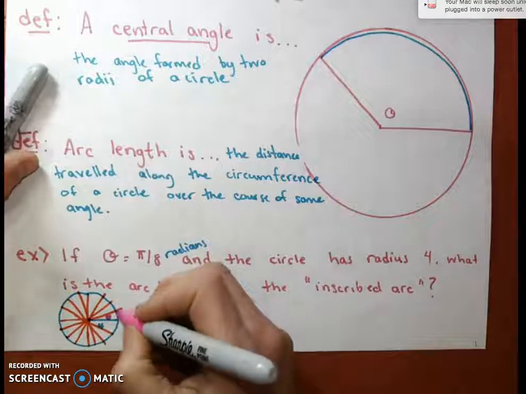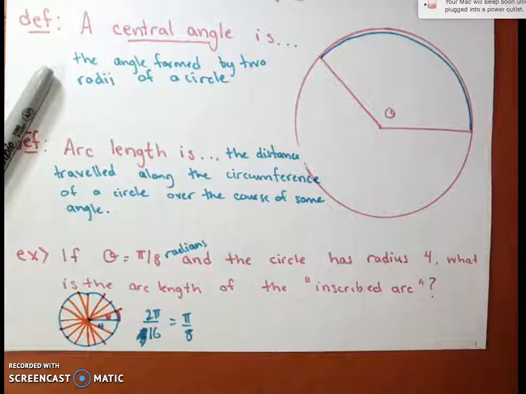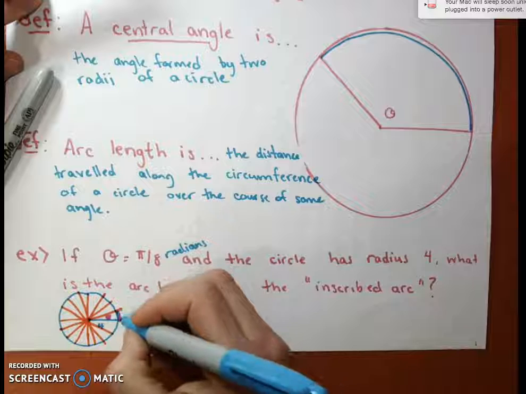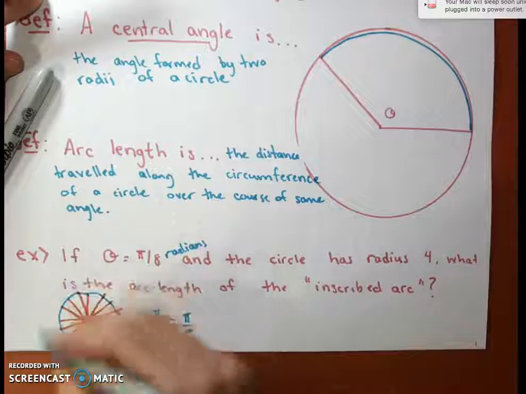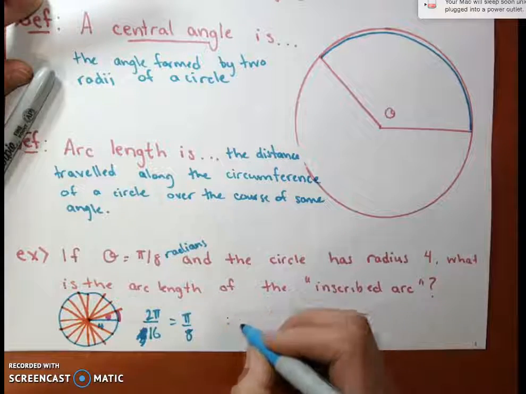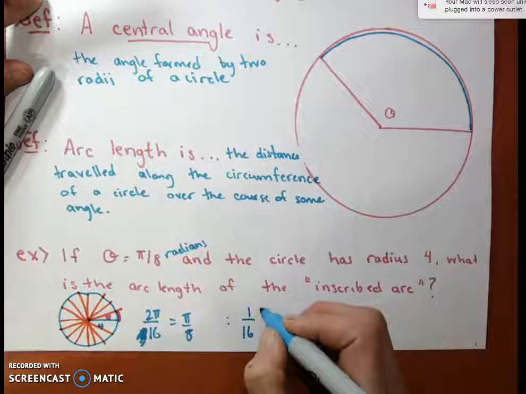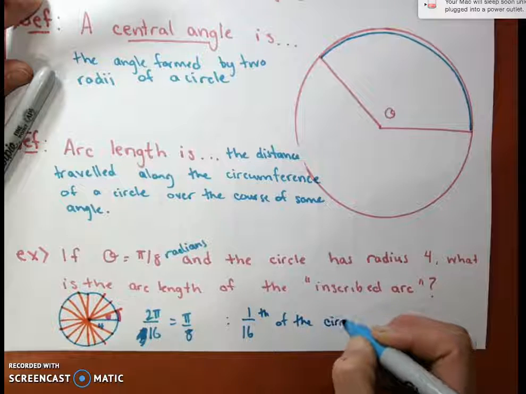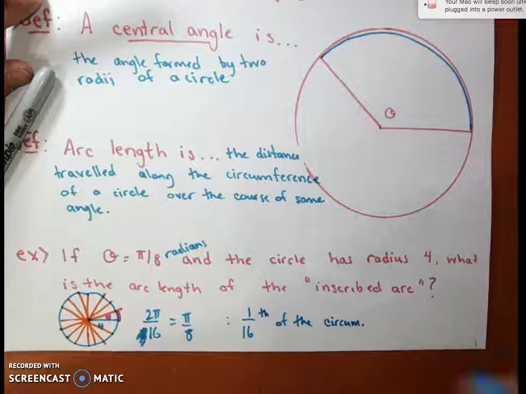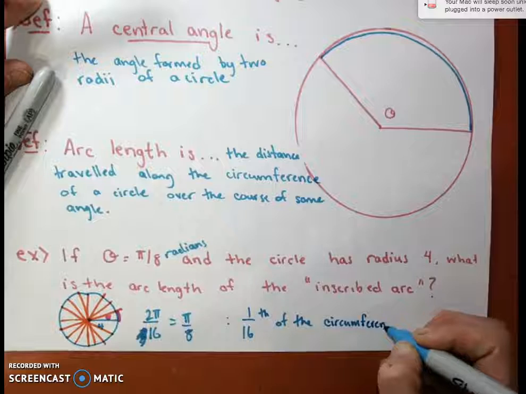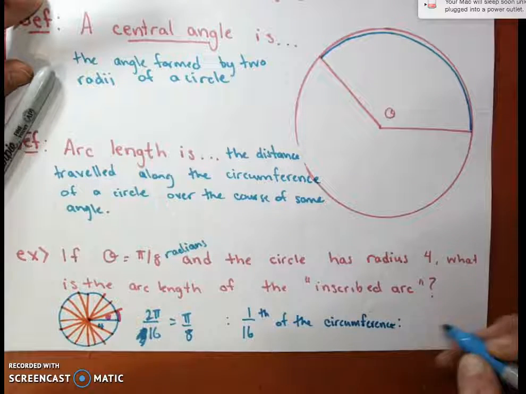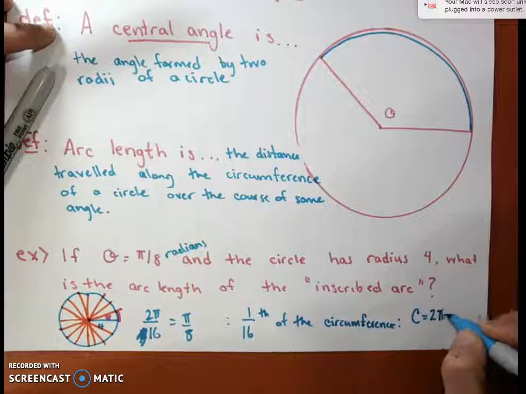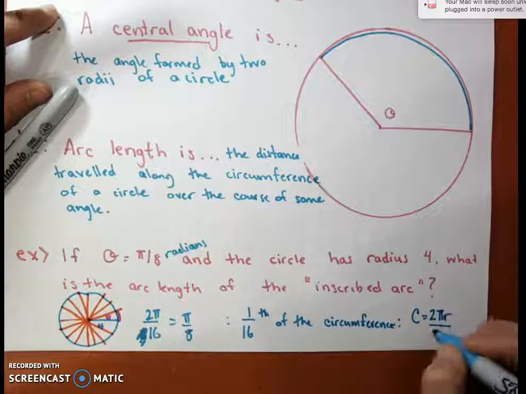So the arc length is just going to be this distance. So what I want to do is notice that this arc length is just 1/16 of the full circumference of the circle. So it's 1/16 of the circumference. So what I'll do is I'll take the circumference, which is just 2 times pi times r, and divide that into 16 parts.